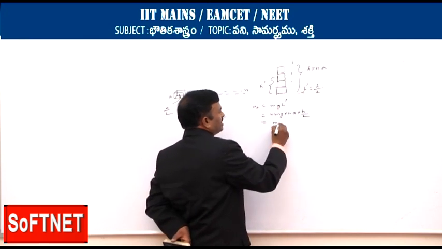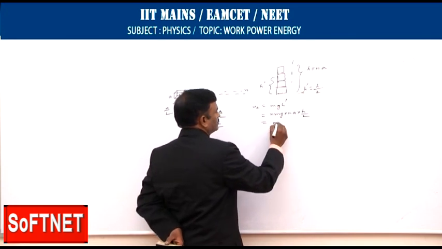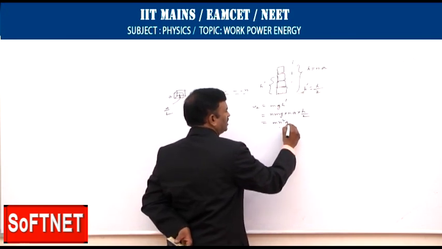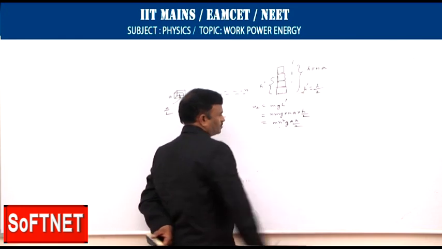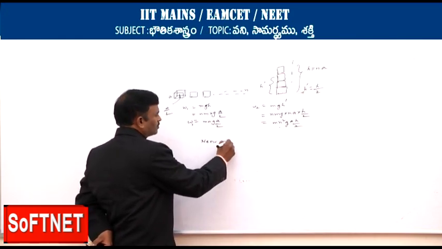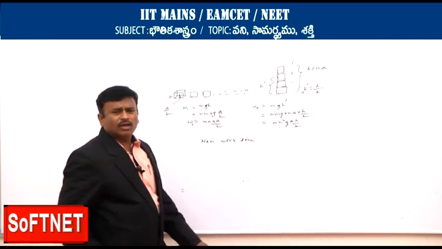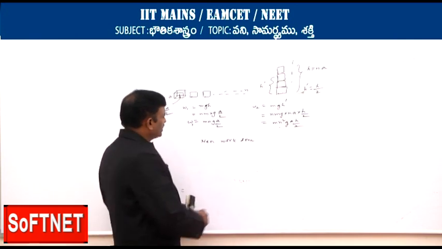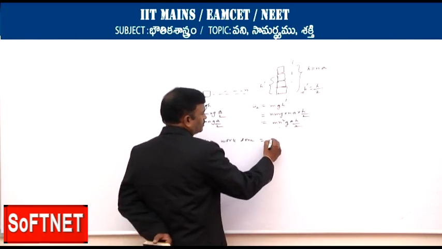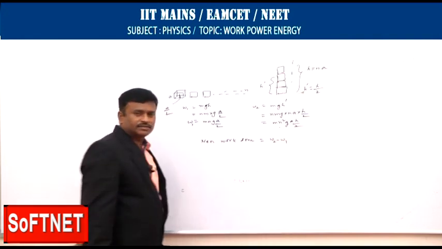Finally what are you getting? W2 is mg n square into g into a into h by 2. Now what is the net work done? The net work done by keeping one block over another block is W equal to W2 minus W1.